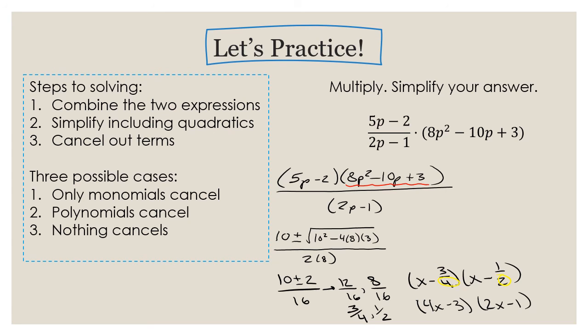Sorry, we're not dealing with x, it's actually p. So this simplifies to 5p minus 2, and then 4p minus 3, and 2p minus 1, all that over 2p minus 1. And look at that, we got a great cancellation. So this and this will cancel, and we are left with just those two top terms, 5p minus 2 and 4p minus 3.